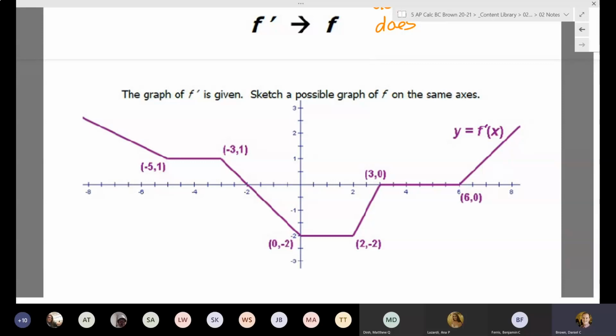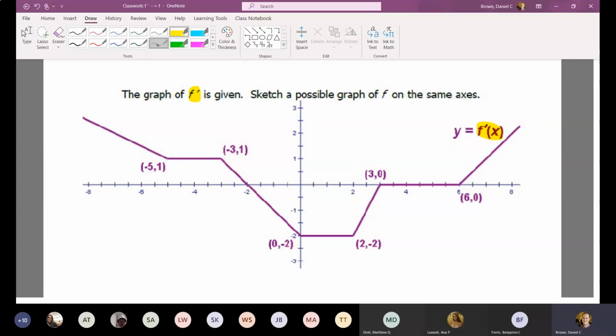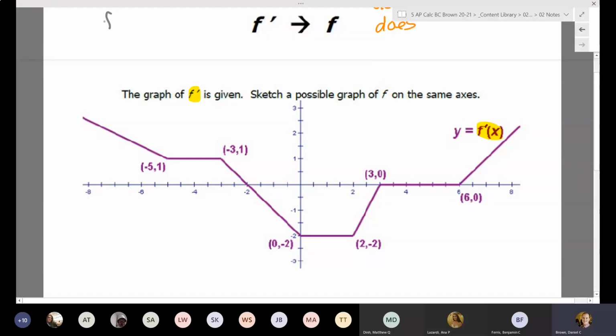What I want you to think about right now is you are looking at f prime. So you're literally looking at all of the derivatives. For example, if I'm reading this graph, what's f prime of, and I'm just making something up, -4? Well, f prime of -4, we can see on the graph is 1.